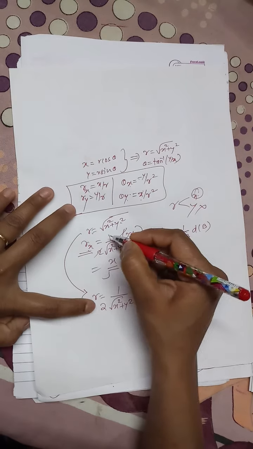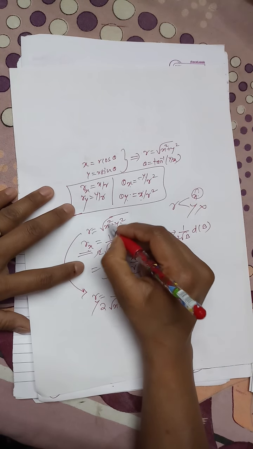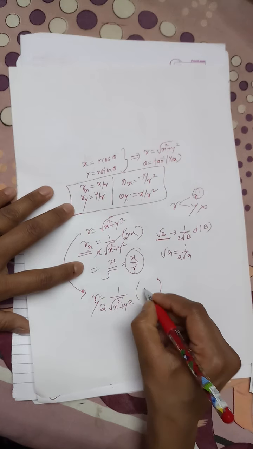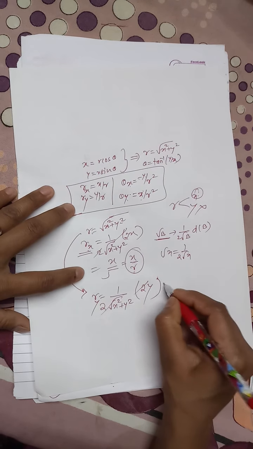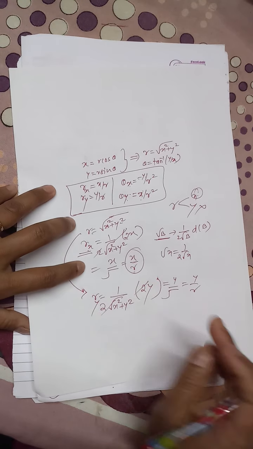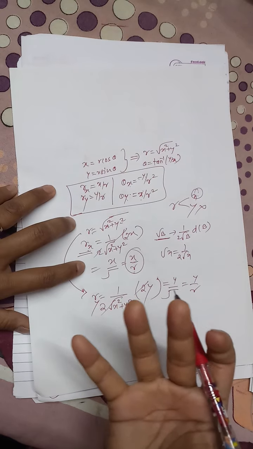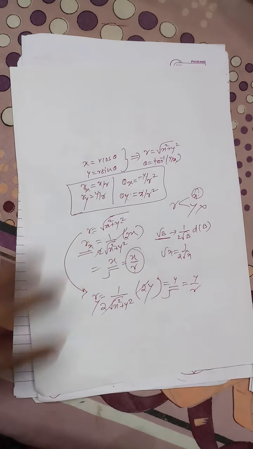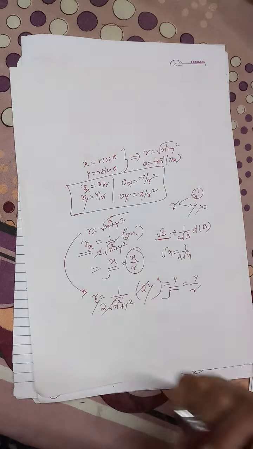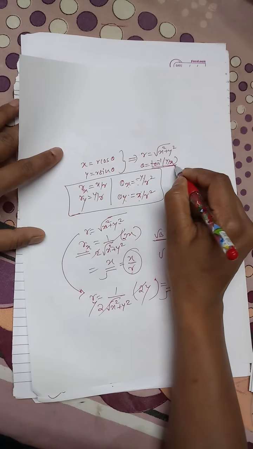Here x square with respect to y, since we are calculating ry, is constant, so its derivative is 0, and the derivative of y square with respect to y is 2y. So the 2 gets cancelled, and y upon the root is y by r. This is an example we studied in the classroom, in the first point before Euler's theorem.